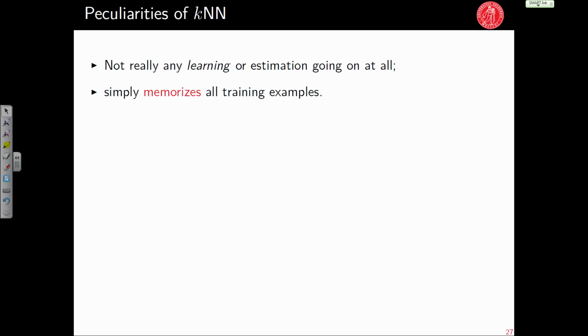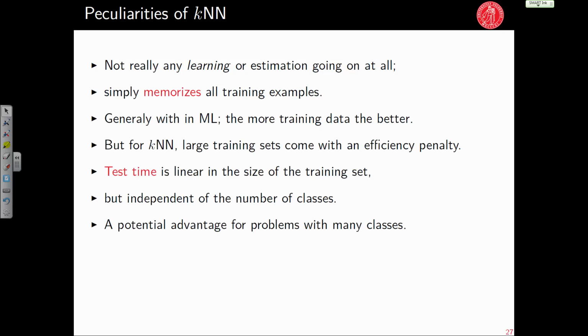All the training examples are part of our model, which means that, as we talked about in the beginning, in machine learning in general, the more the merrier. The more data you have, the better your model will get. In this case, the more data you have in k nearest neighbor, the more costly the computation will be, because when you classify, you're comparing to all the training examples you have.